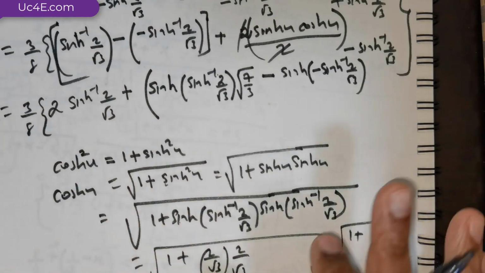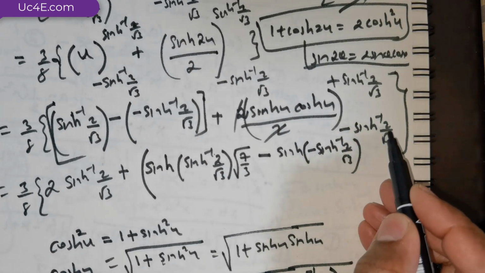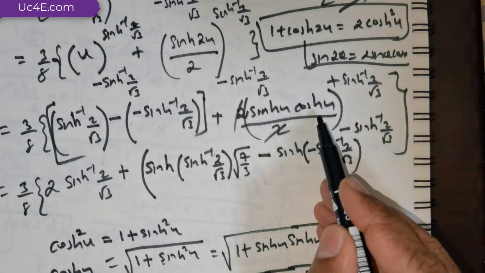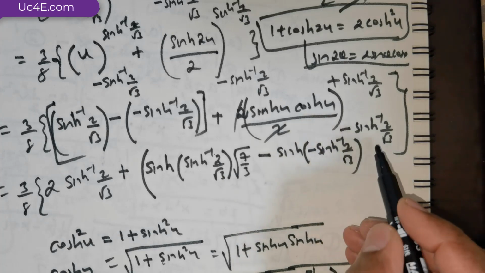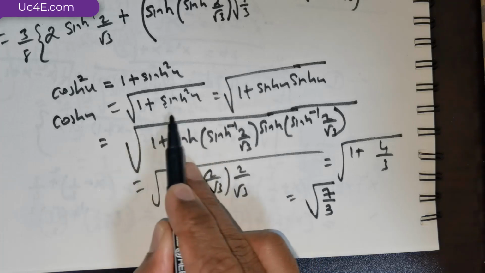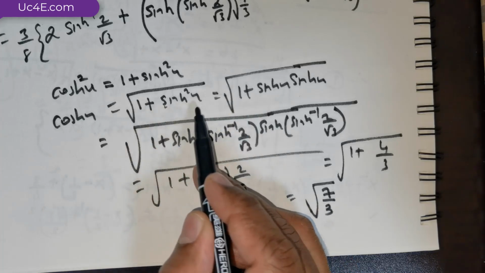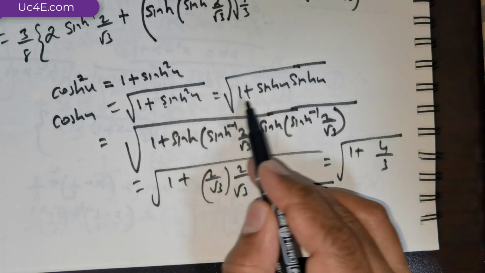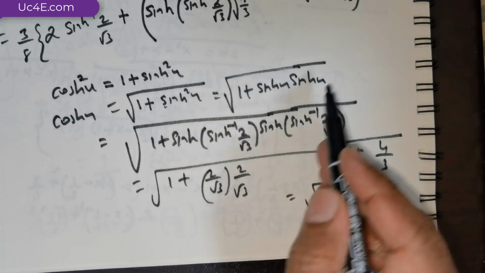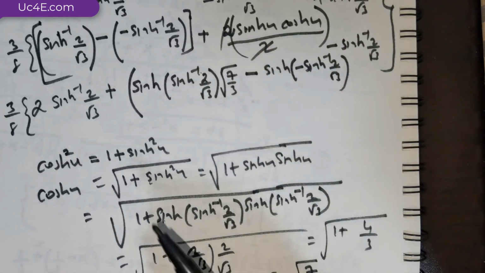So let's do that. Now for cosh u, this is actually negative sinh inverse of 2 over root 3. It doesn't matter with cosh u. So cosh u will produce the same result that it had produced for this, right? Cosh u is going to be root of 1 plus sinh squared u, and we write sinh squared u as sinh u times sinh u, even though we have a negative sinh inverse of 2 over root 3.